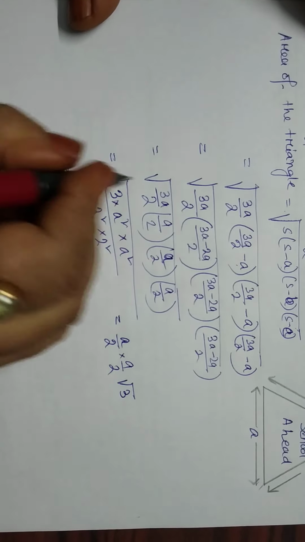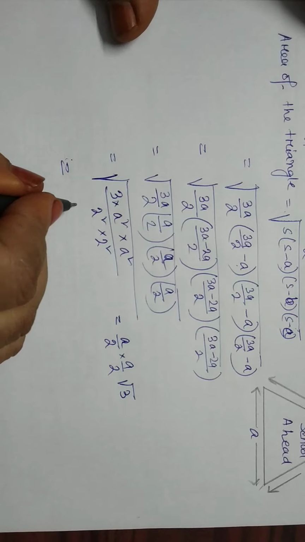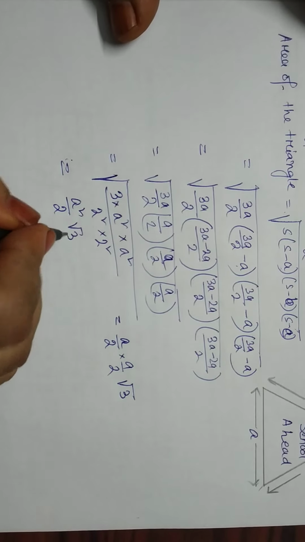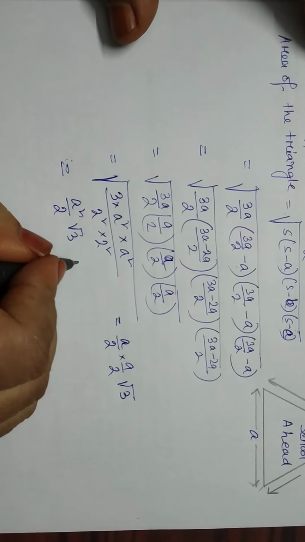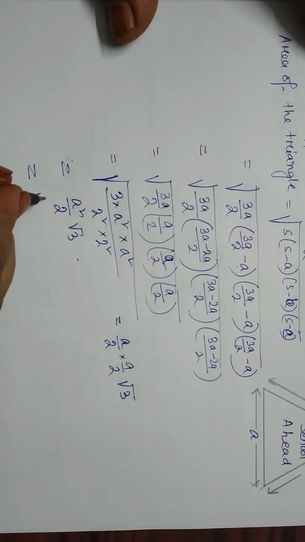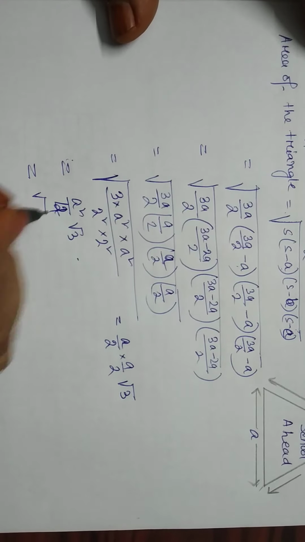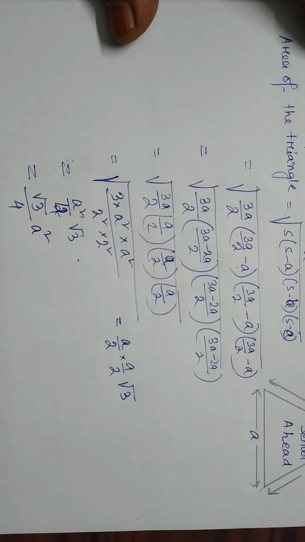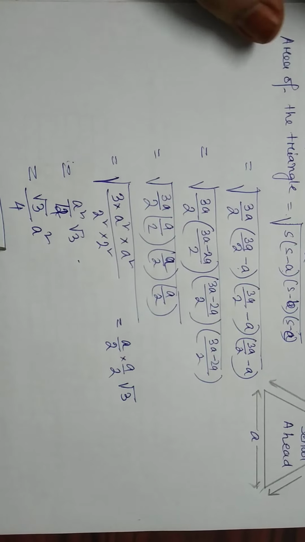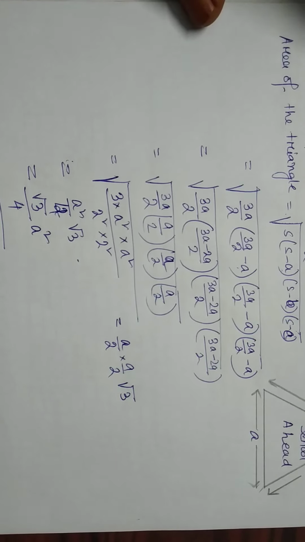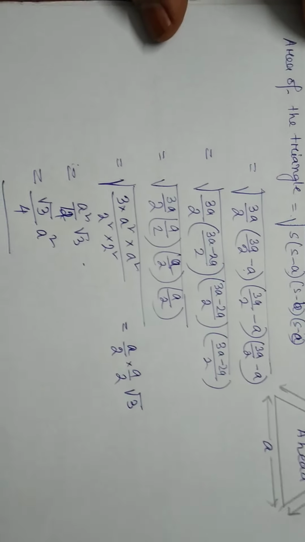Therefore we can write area of the triangle means A square by 2 and root 3, or we can write the area of an equilateral triangle is equal to 2 2s are 4, root 3 by 4 and A square. This is the area of an equilateral triangle if the lengths of the sides are equal.